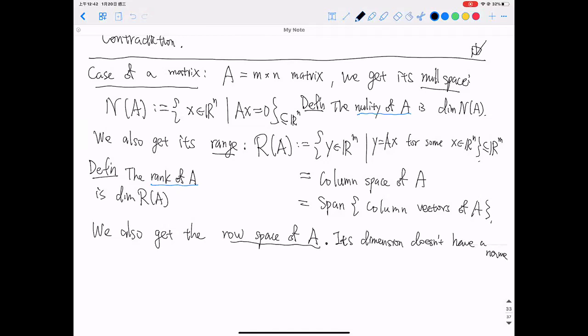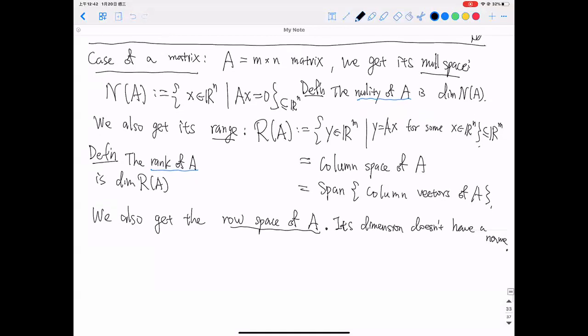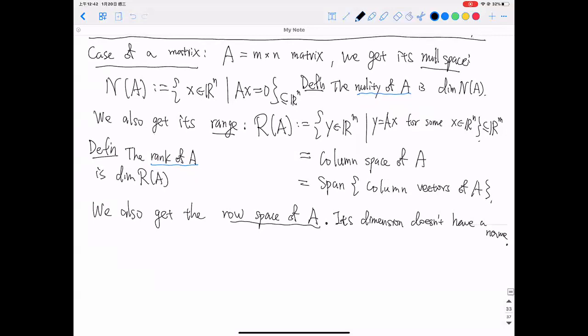Now, let's consider a concrete example of a matrix A and look at these quantities, that is nullity, rank, and the dimension of the row space.